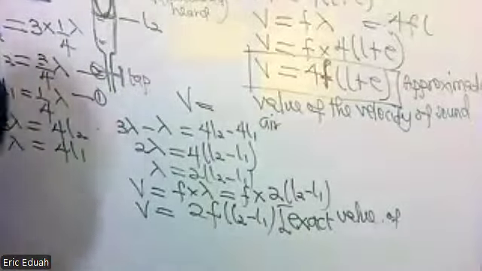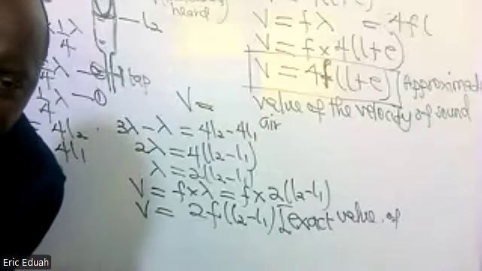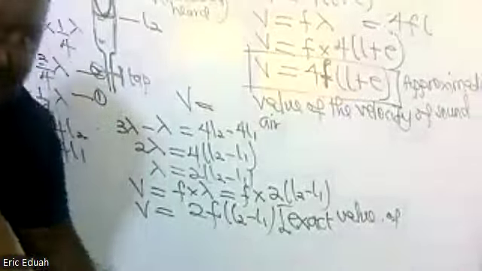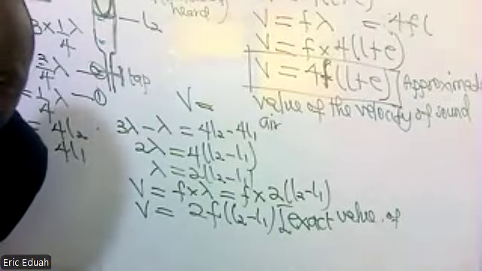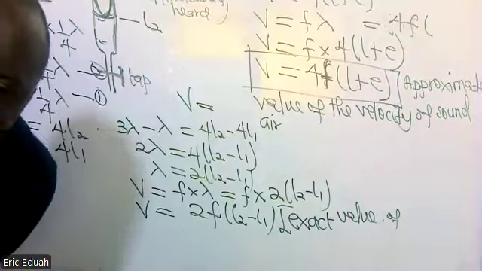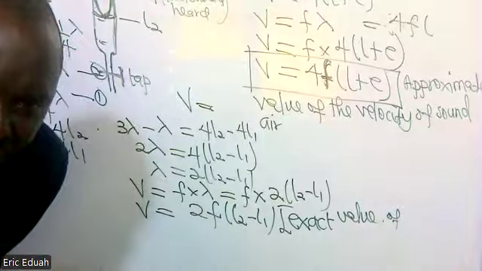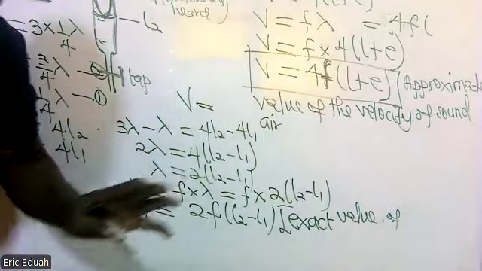So if you want to be exact in your value of velocity of sound in air, then consider the first, then the second positions of resonance. And your value of V would be accurate or correct or exact compared to considering only one.